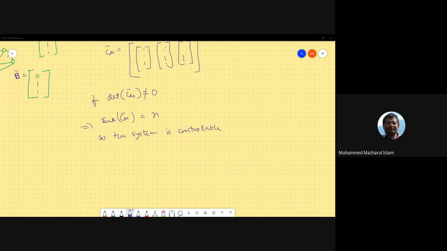And how do we check whether a matrix is singular? A matrix becomes singular if its determinant is equal to 0. So there is a detailed analysis of the rank in Wikipedia. So if you are interested, you can have a look. You might also find this in your math textbooks. All right. So that's why we are simply checking whether the determinant of CM is 0. Because if this is not 0, then this is not singular.